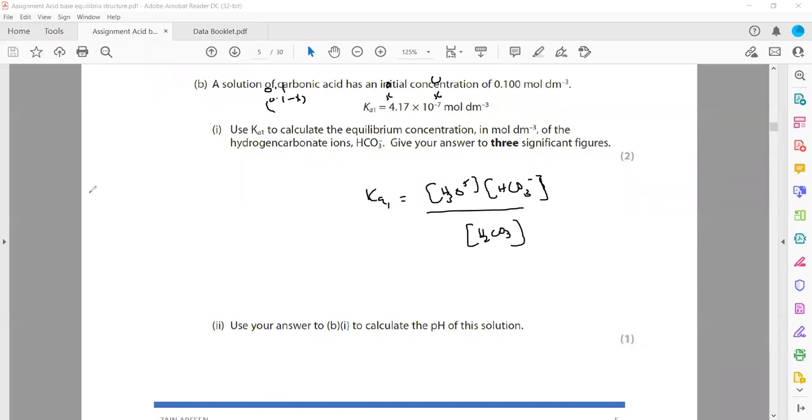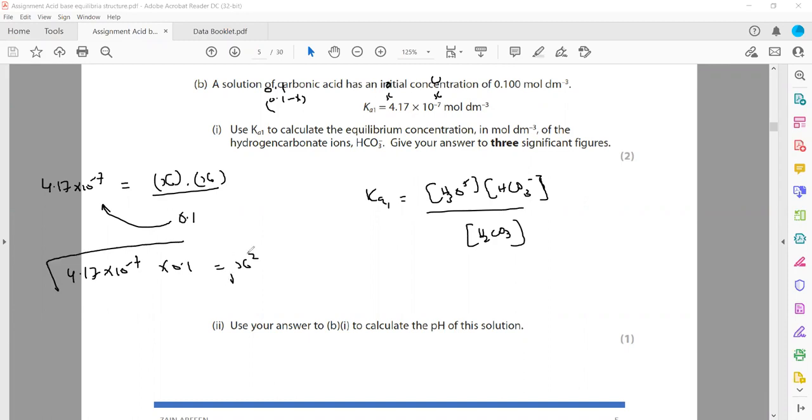So substituting the values, 4.17 times 10 to the power minus 7 equals H3O plus, that is x, times HCO3 minus, this is also x, so x squared, divided by 0.1 minus x. But we assume that x is very small, so 0.1 minus x is approximately the same as 0.1. So x squared is 4.17 times 10 to the power minus 7 times 0.1, and we take the root.